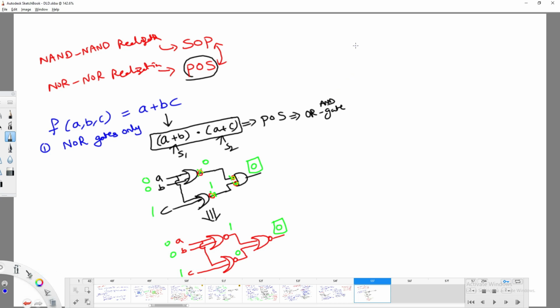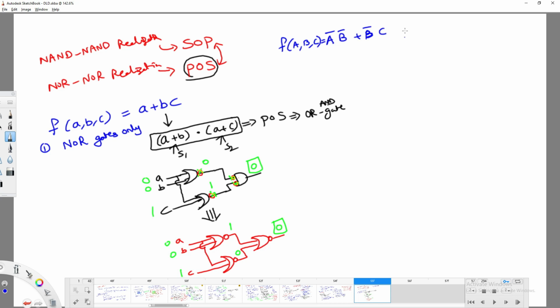Now for example, let me take one more thing. We have an expression f of a, b, c equals a bar b bar plus b bar c plus b bar c. Guys, tell me in which way it is easy to construct, in NAND-NAND relation or NOR-NOR relation.